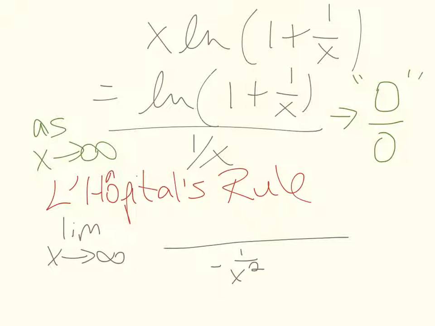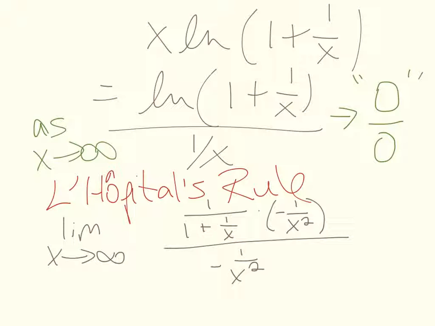And the derivative of the numerator: the derivative of ln of something is 1 over the something, 1 over (1 plus 1 over x). And now I have to apply the chain rule. I multiply by the derivative of the inside, which once again is the derivative of 1 over x, so it's negative 1 over x squared.